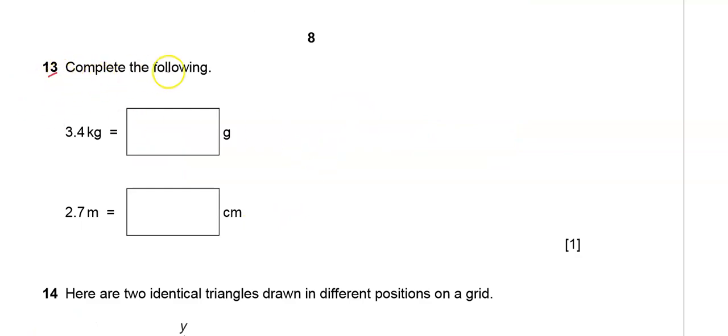Question 13. Complete the following. We are changing 3.4 kilograms to grams. Of course, we know that 1 kilogram has 1,000 grams. So 3.4 kilograms will be how many grams?